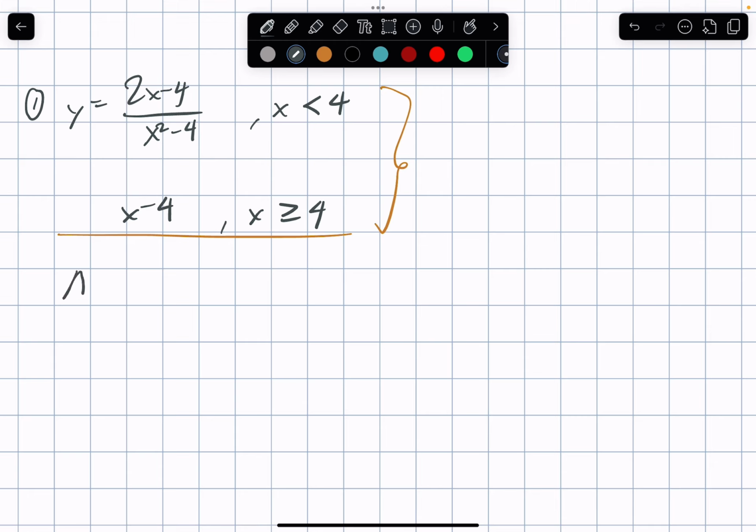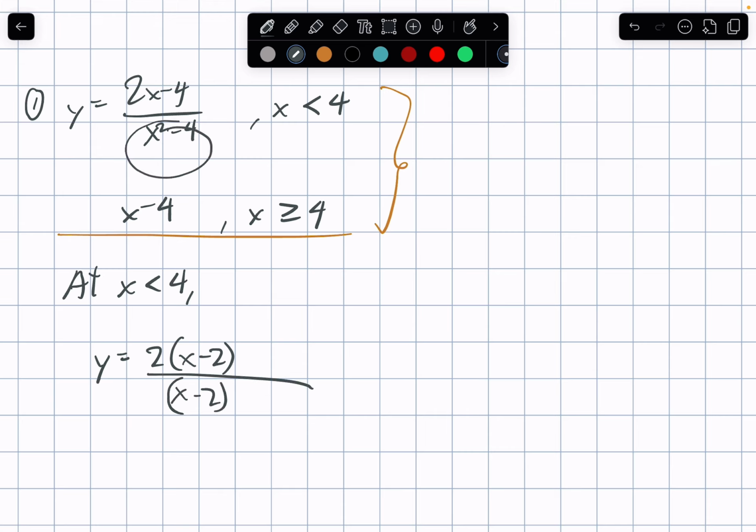So at x less than 4, for y, we want to just work on the denominator. So try to factor the entire fraction first. See what can be cancelled. In the denominator, this could be rewritten as this.